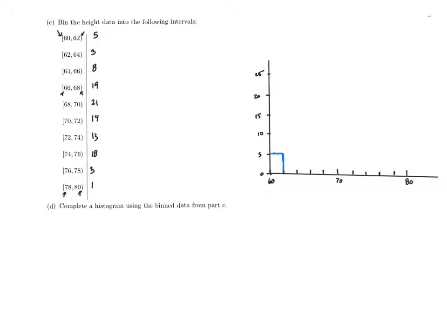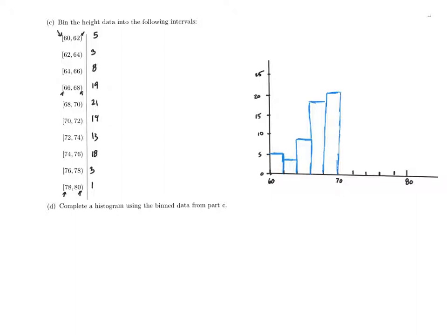My next bar after that is 3 tall. The bar after that is going up to 8, so just short of 10. The bar after that is going all the way up to 19. And this is why I put that bar over on the side there to help me guide a little bit better. After the 19, my next bar is 21. So go a little bit higher still.